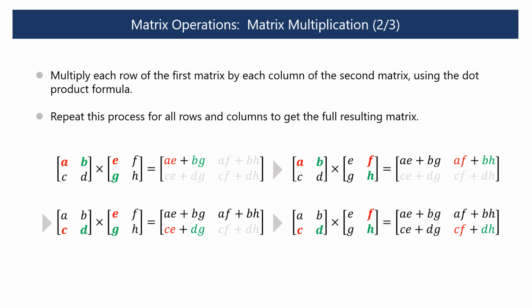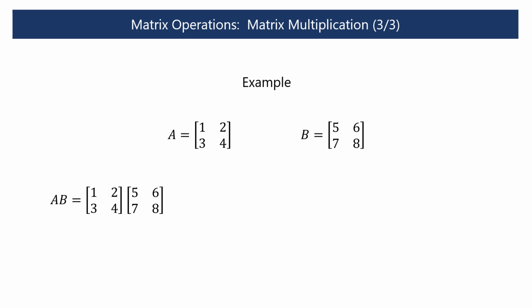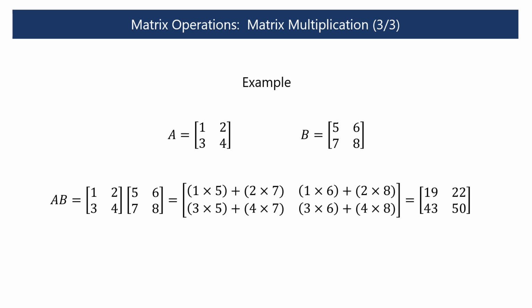This will give you one element of the resulting matrix. Repeat this process for all rows and columns to get the full resulting matrix. For example, suppose we have matrices A and B here. We can multiply them in this way and obtain this new matrix.